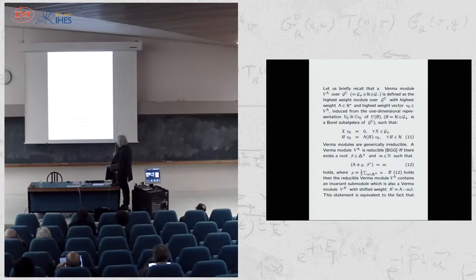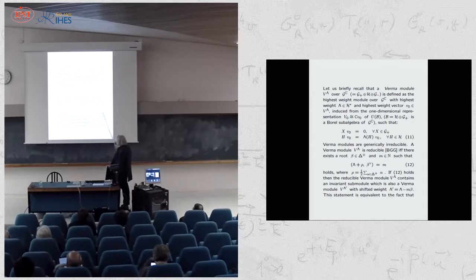And I recall the criterion of Bernstein-Gelfand, that the Verma module is reducible if there is a positive root and a positive integer, such that this numerical equality holds. Here rho is half the sum of the positive roots. Lambda is the weight, as I said.